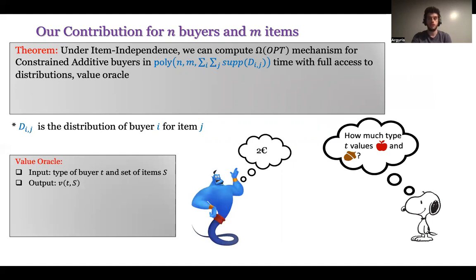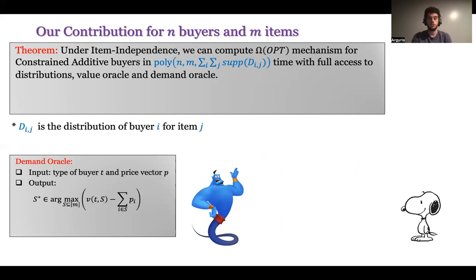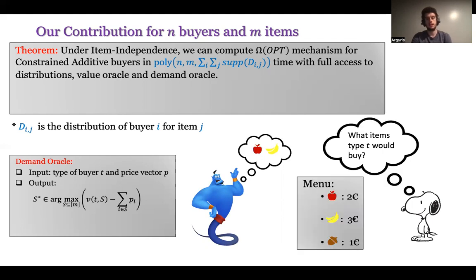A value oracle takes as input a type of a buyer and a set of items, and outputs the value that the buyer with type T has for this set of items. Moreover, we assume access to a demand oracle. A demand oracle takes as input a set of prices and a buyer's type, and outputs the buyer's favorite bundle.